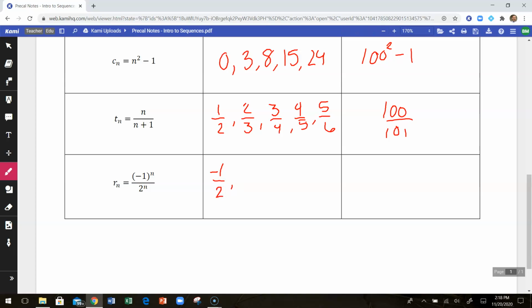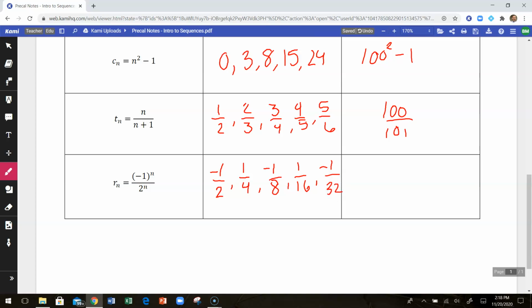If I plug in 2, negative 1 squared is positive 1. And 2 squared would be 4. Plug in 3, negative 1 to the third power is negative 1. And 2 to the third power is 8. Negative 1 to the fourth power over 2 to the fourth power. And negative 1 to the fifth power over 2 to the fifth power.